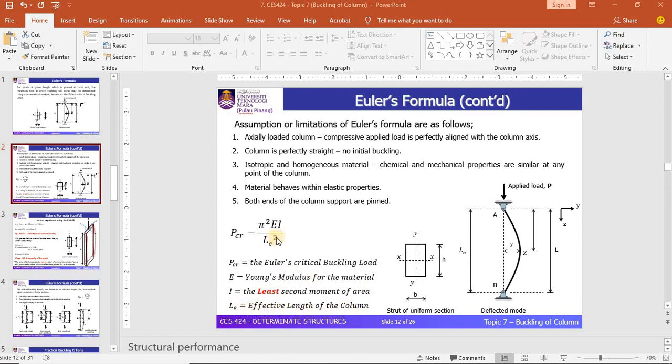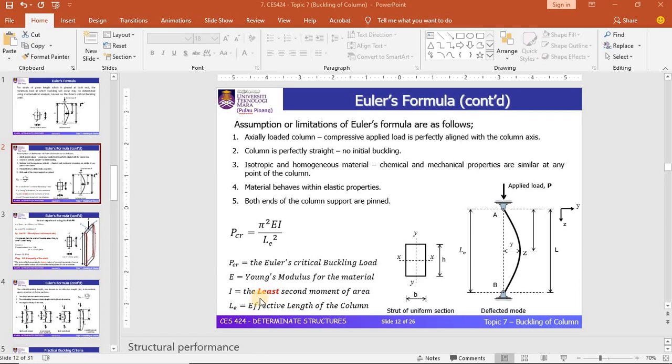This equation has been derived based on the 5 assumptions that you can see here. I don't want to discuss them in detail, so I hope you can read up by yourself and figure out how these 5 assumptions have been used to derive this Euler formula. What I want to highlight is that when you use this formula, you need to ensure that the least value of I is chosen.